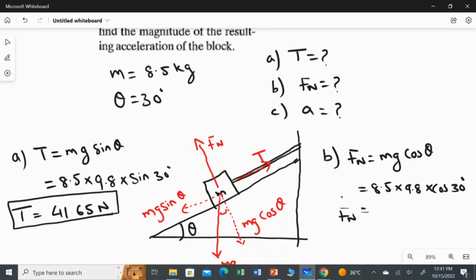We got the answer as 72.14 Newton. So this is the answer for the second part.